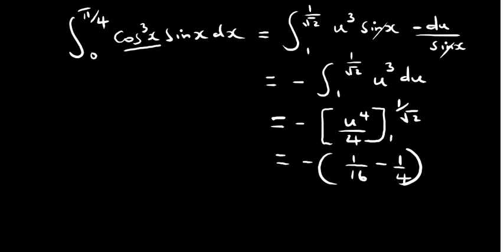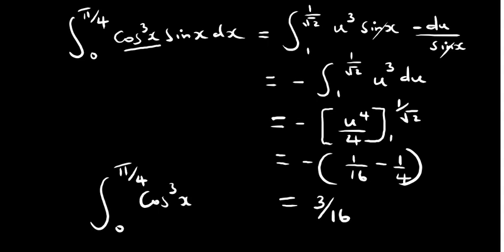When you do this, the final answer will actually be 3 divided by 16. So it means when you integrate from 0 to pi out of 4, cos cubed of x sine x with respect to x, you get 3 out of 16, and that becomes our answer.